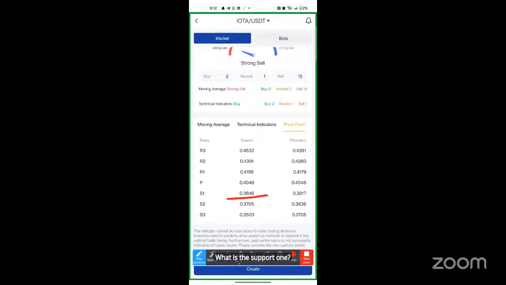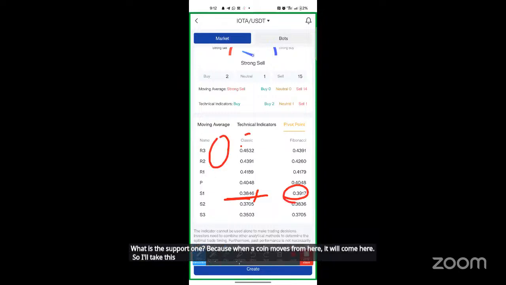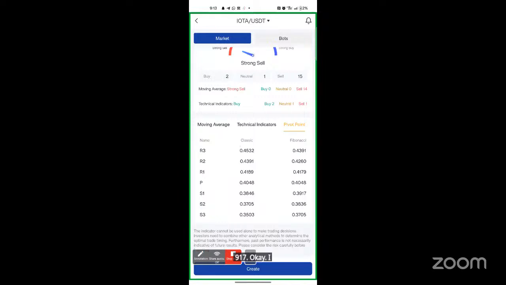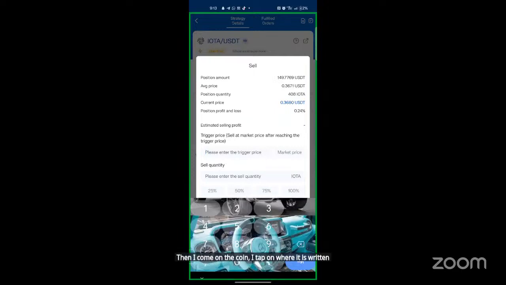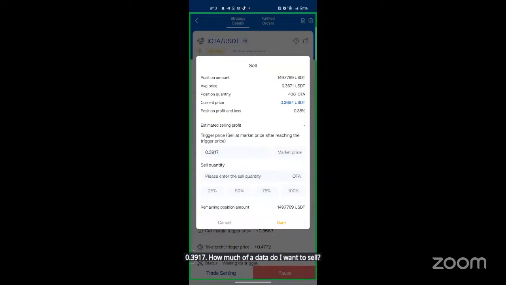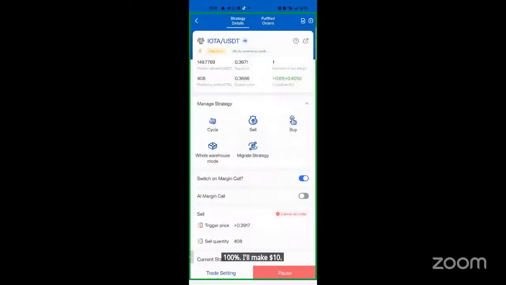Because when a coin moves from here, it will come here. So I'll take this one, 0.3917. I write it on a piece of paper, 0.3917. Then I come on the coin, I tap on sell. Where it is written market price, I write in the price, 0.3917. How much of IOTA do I want to sell? 100%. I'll make $10. I tap sure.